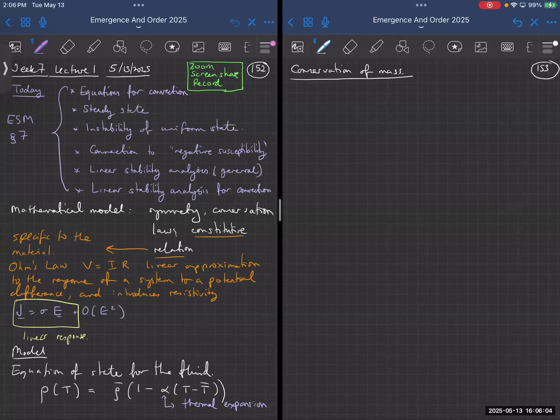And how do we express mass conservation? Well, that tells you that d rho by dt plus the divergence of a mass current is equal to 0. And the mass current is just given by the density times the fluid velocity. So that's just given by that formula like so.